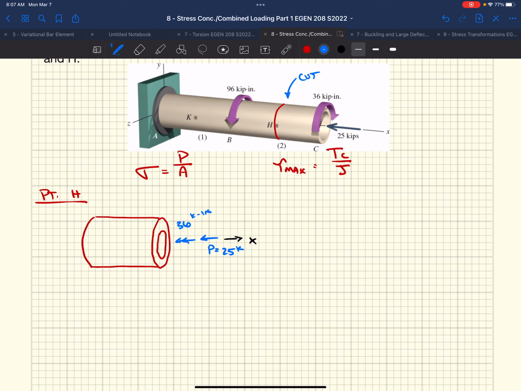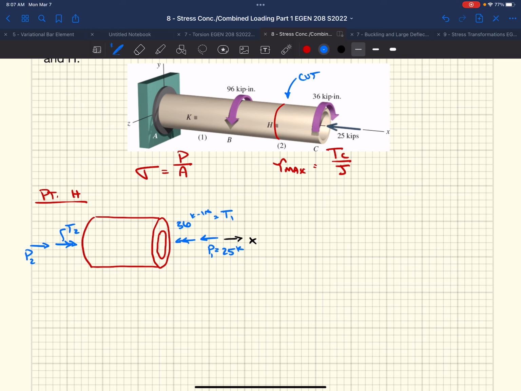Right. Well, we know that this shaft's in equilibrium, right? It's not moving. So we're going to have equal and opposite forces on the ends. Call this T2, right? We could call this P2. This we could call P1. This is T1. Right.